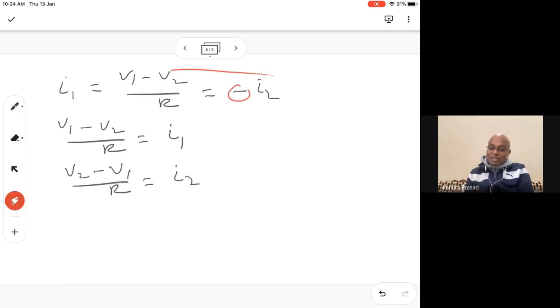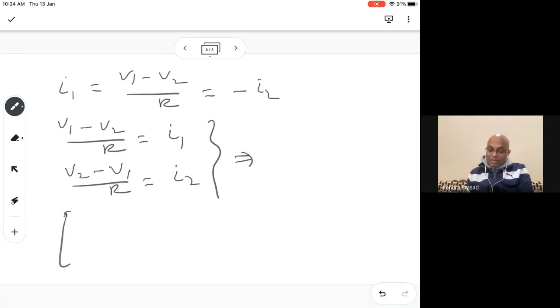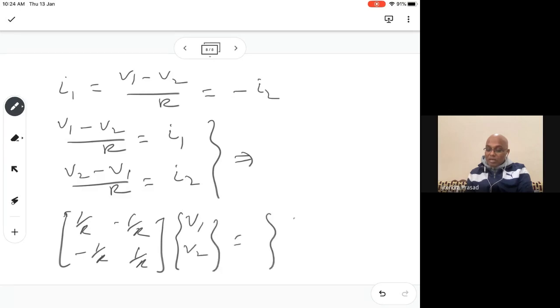See here, minus becomes plus here, hence V2 first. And both together will give you this equation: 1 over R, minus 1 over R, minus 1 over R, 1 over R multiplied by V1 V2 equal to I1 I2, right?